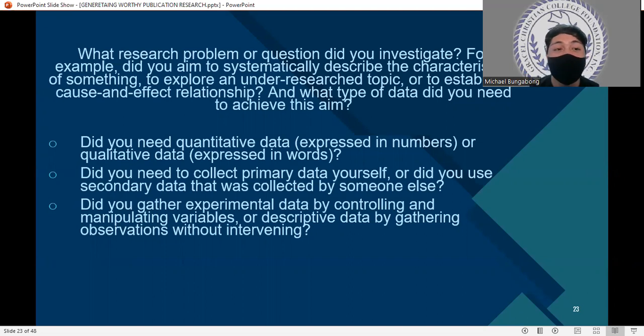Did you need quantitative data expressed in numbers or qualitative data expressed in words? Did you need to collect primary data yourself, or did you use secondary data collected by someone else? Did you gather experimental data by controlling and manipulating variables, or descriptive data by gathering observations without intervening?